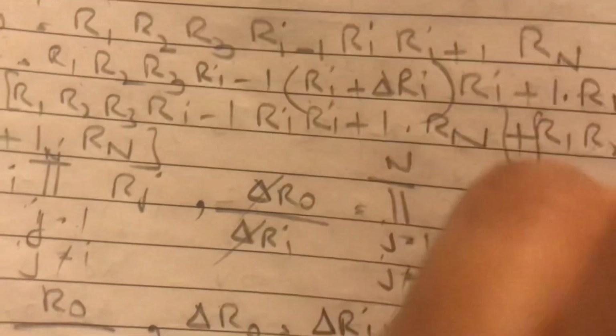The rest is the same, Ri plus 1 times Rn.